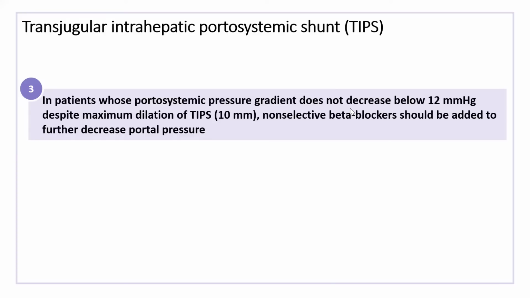Now, the portosystemic, we talk about HVPG, which is hepatic venous pressure gradient, which is a surrogate for portal pressure, which is the difference between the inflated balloon, which is the wedged hepatic pressure, minus the free hepatic pressure. Whereas the portosystemic pressure gradient is an actual measurement of portal pressure while you're putting in the TIPS. And to calculate it, it is recommended that the intra-abdominal IVC pressure be subtracted from the portal pressure.